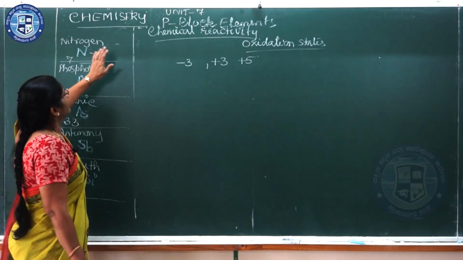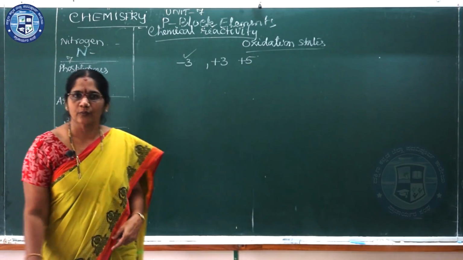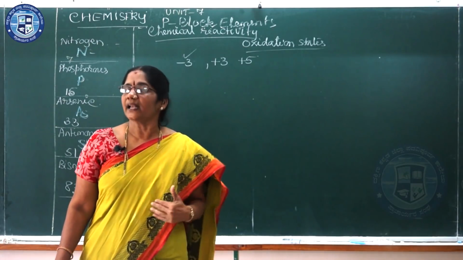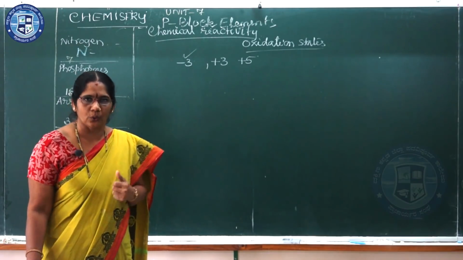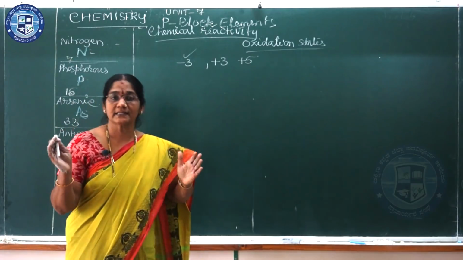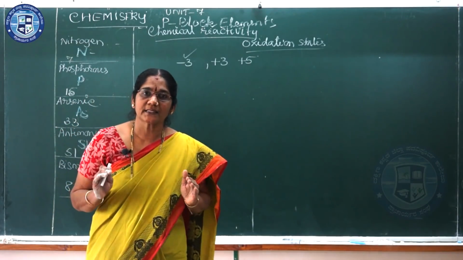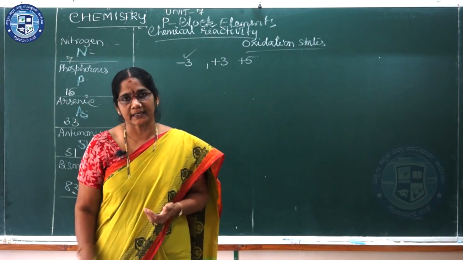Let me talk about the negative oxidation state of -3. -3 is gaining electrons. Nitrogen is a small atom, it can easily gain electrons and hold them, but as you move down, with the increase in size, the capacity of the atoms to gain electrons goes on decreasing.